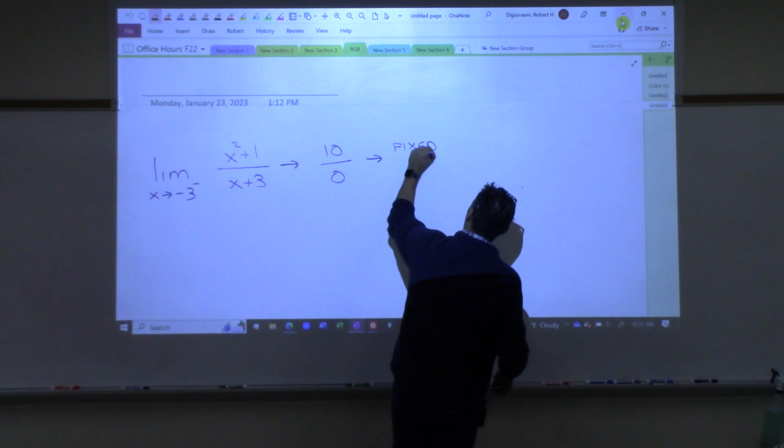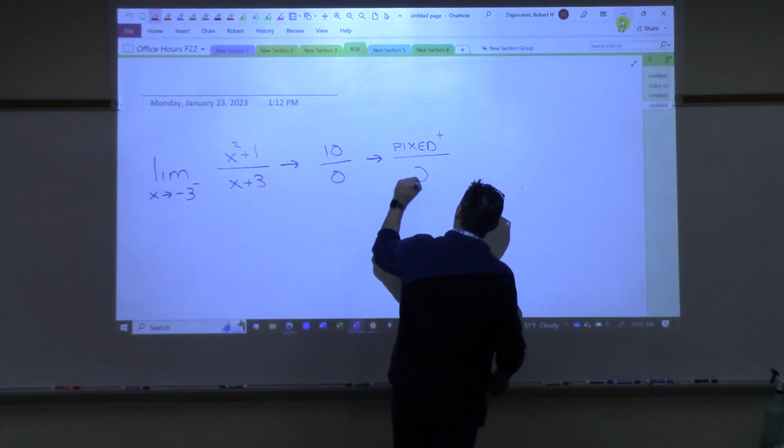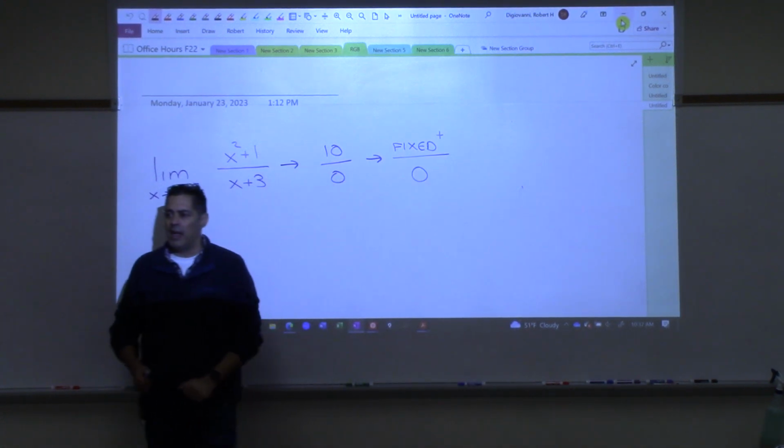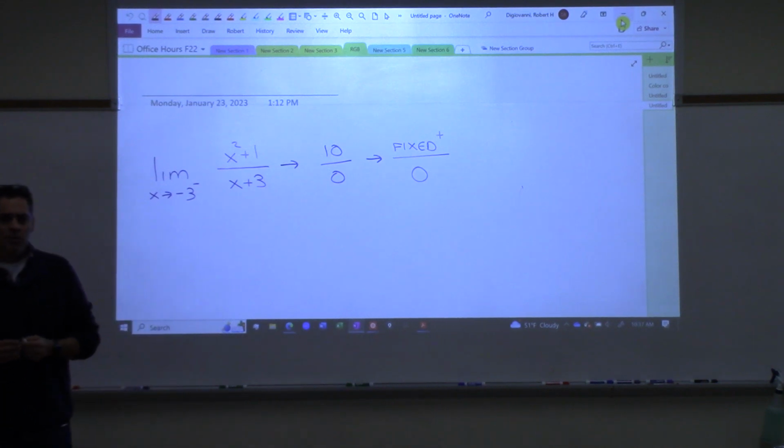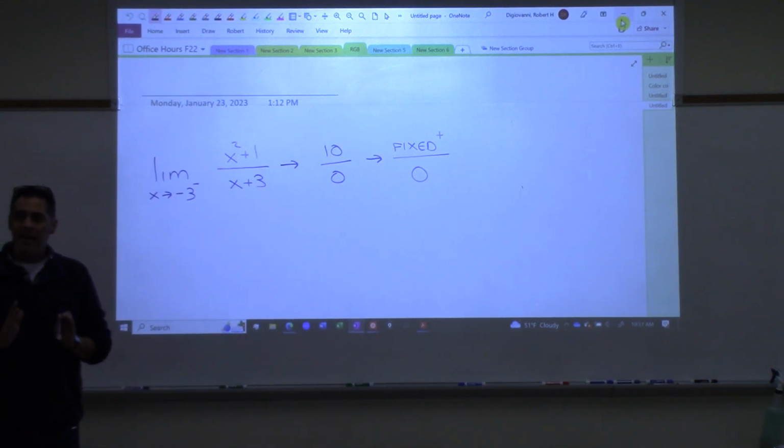So your fixed positive on top over 0. We just don't know if it's positive or negative on the bottom. Do you all understand that right now I am sure that either this answer is infinity or negative infinity? It's just a matter of determining what's happening on the bottom.